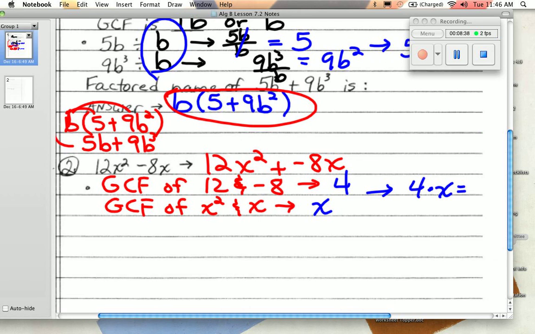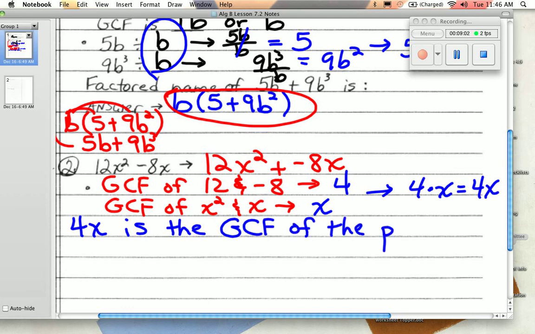4x. Okay, I want to do something a little bit different here. I want us to write down what we just actually found. I want you to write this in your notes. 4x is the GCF of the polynomial.